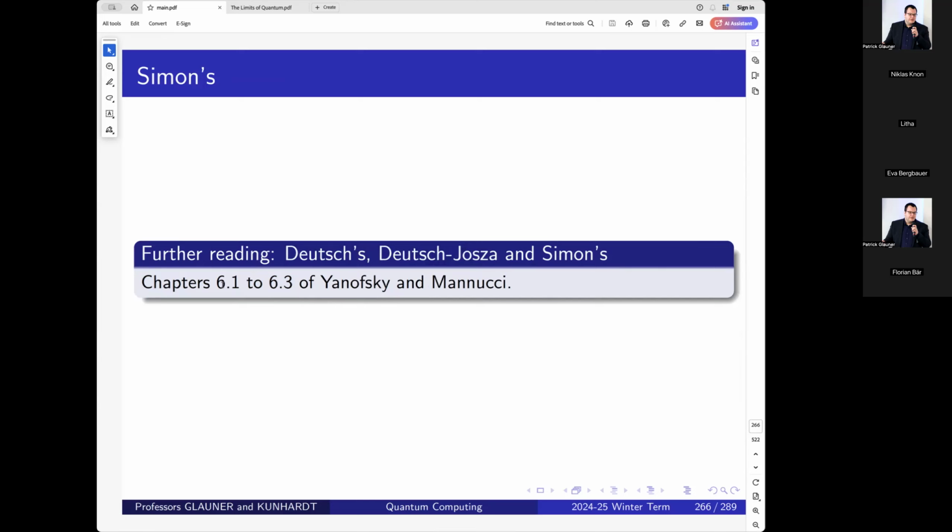Take a look in the book. It's a couple of pages per algorithm, and it's certainly something you could study and present during the seminar presentations, or the Simon's algorithm, which is another toy algorithm. But they're all toy algorithms or toy problems.